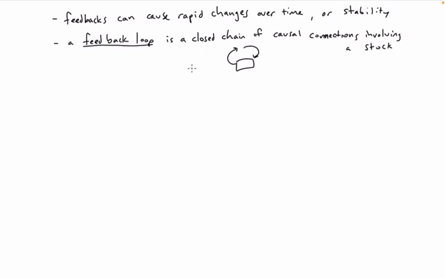So there are two main feedback loops. Stabilizing loops go by different names. We saw them in the lab as negative, which can be confusing terminology.